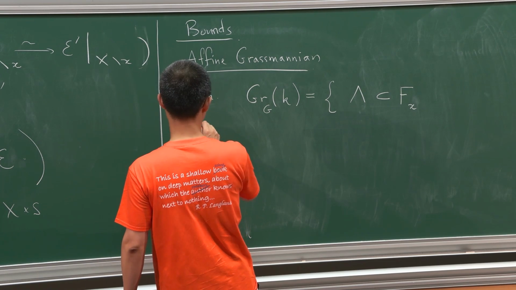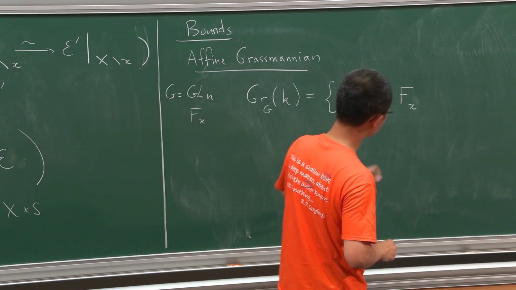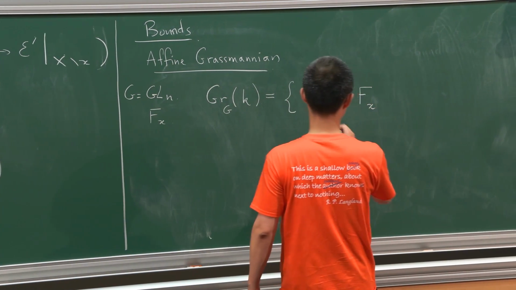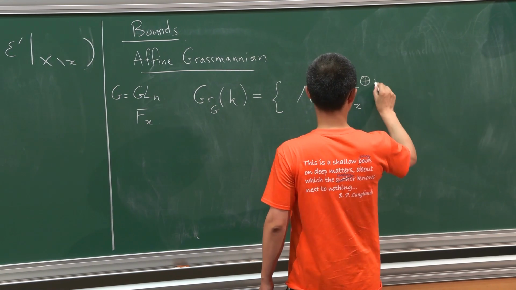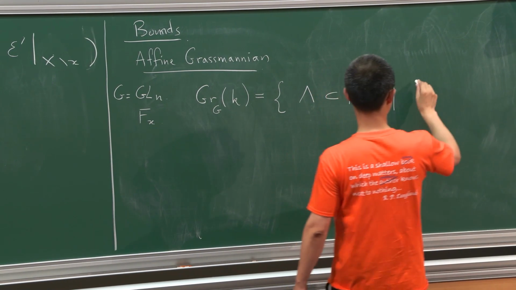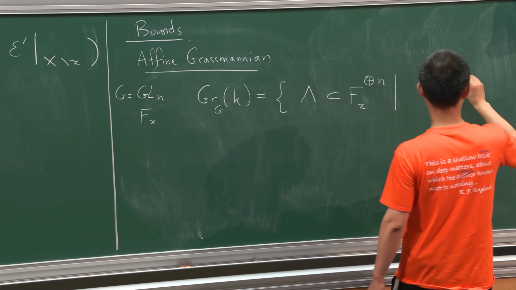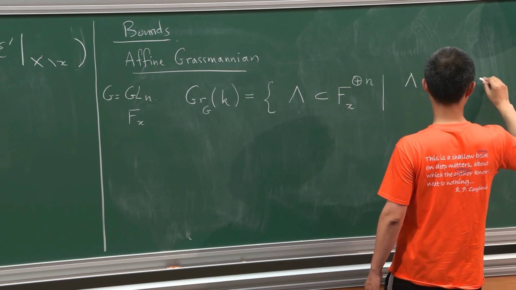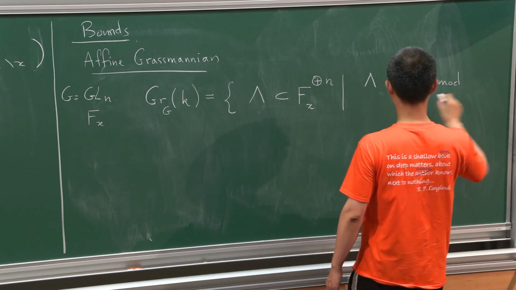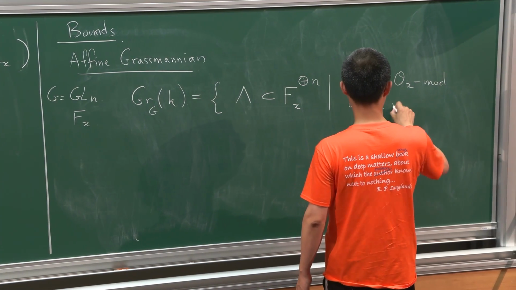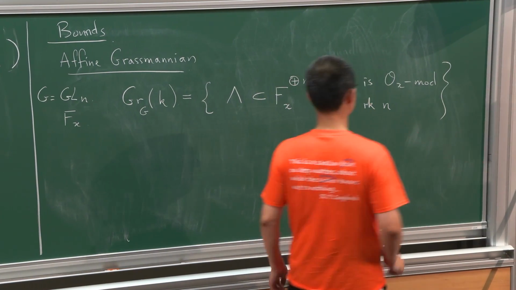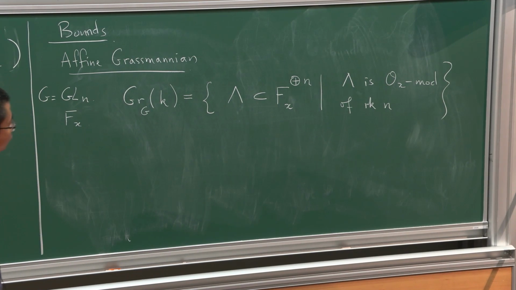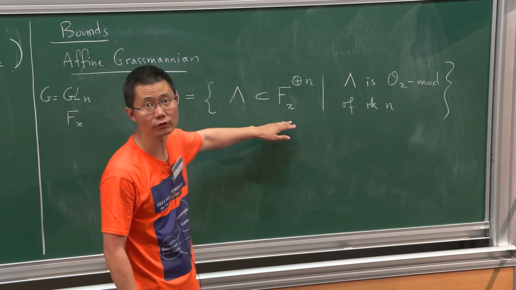So everything is happening near x. So lambda is an O_x submodule of rank n, a full rank submodule inside a given n-dimensional vector space over the local field.